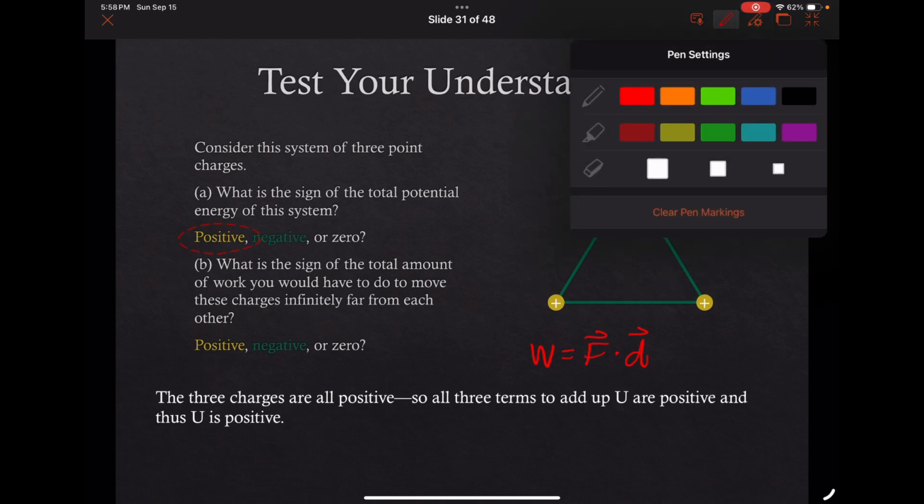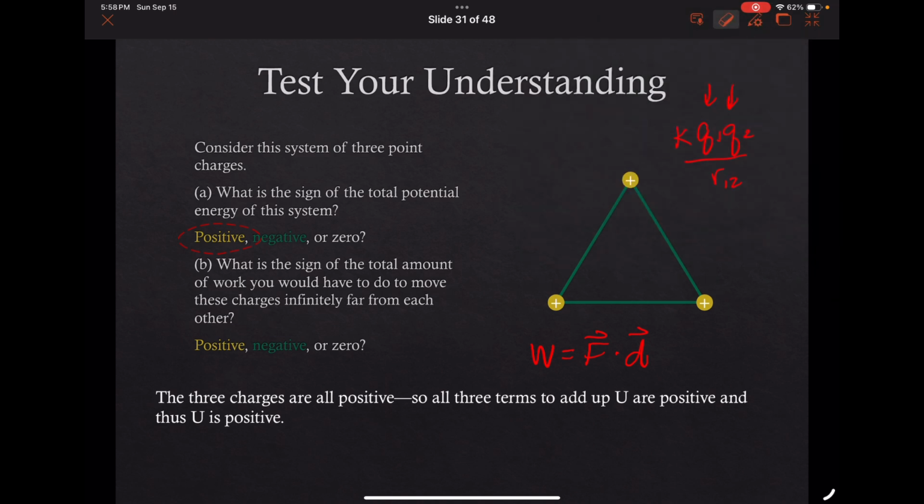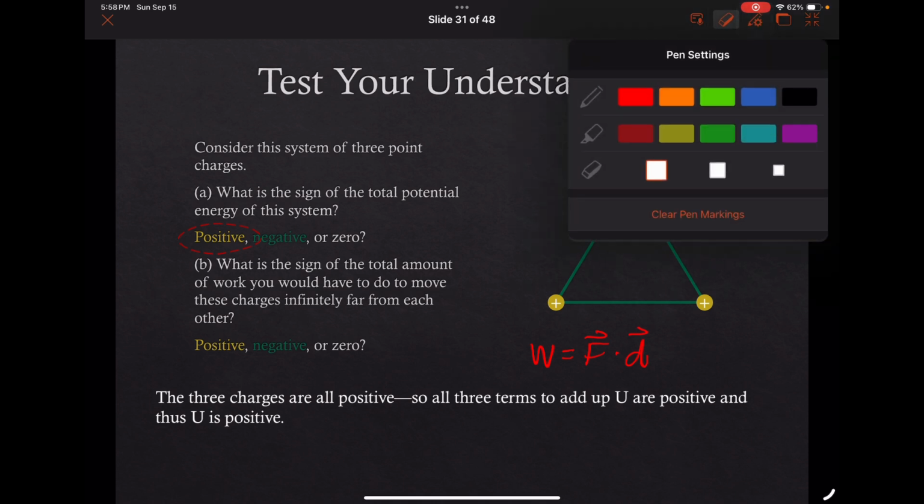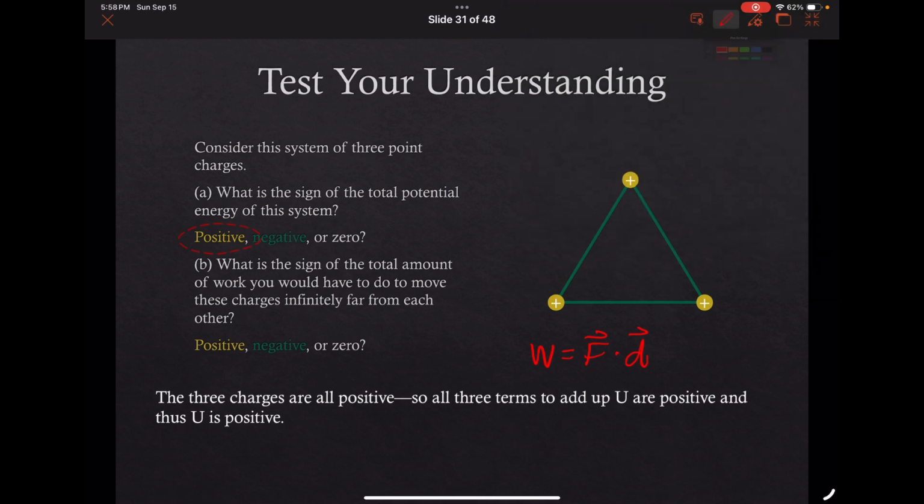So let's take a look at where the force vector would be pointing if we wanted to move these charges far apart. So the force vector would be the direction that we would be pushing these charges.